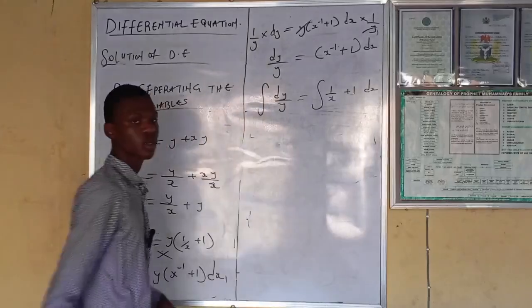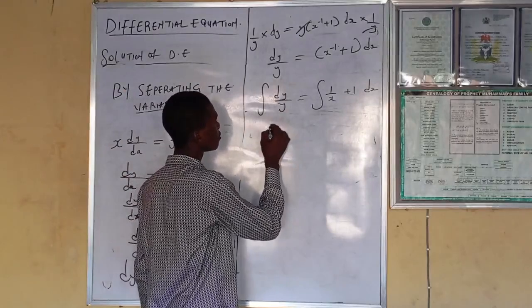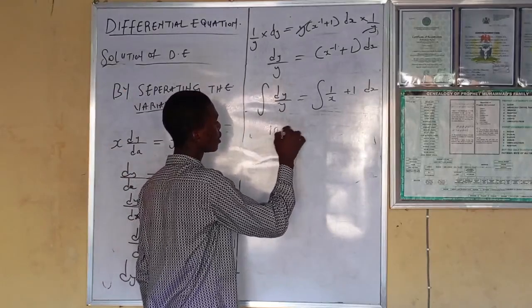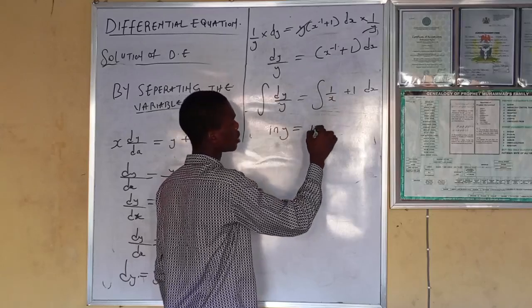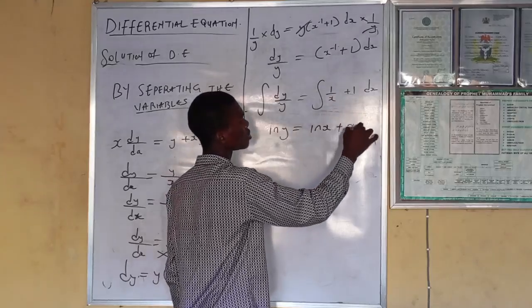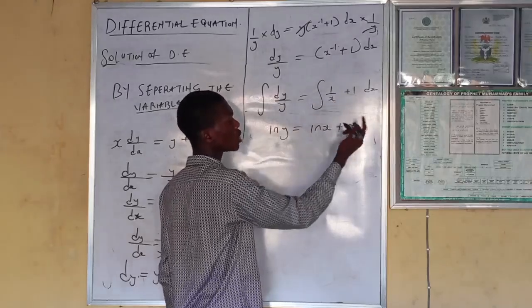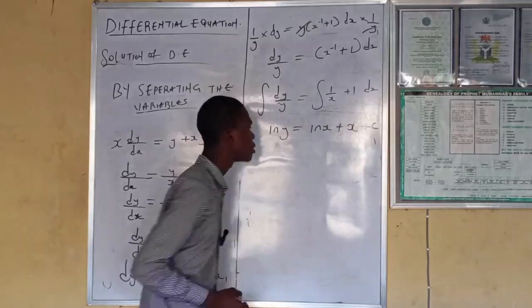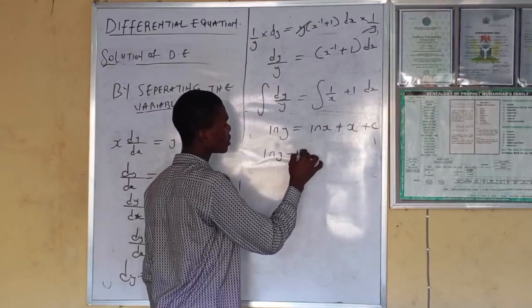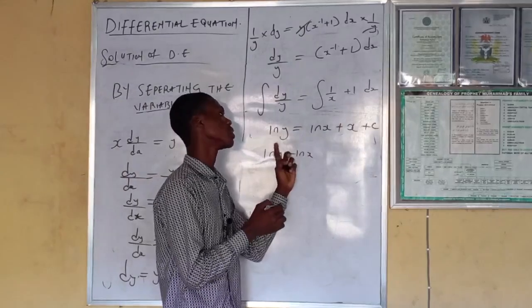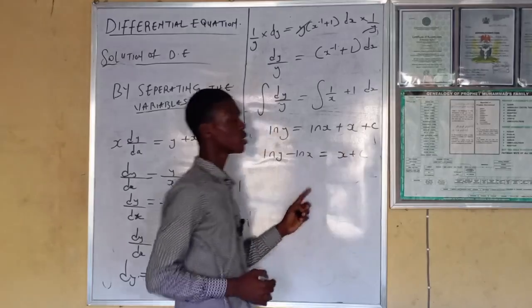From here, when you integrate 1 over y, you have ln y equals, similarly integrate 1 over x, ln x, plus the integration of 1, which is x plus c. From here, ln y minus ln x, take ln x to this side, ln y minus ln x equals x plus c.